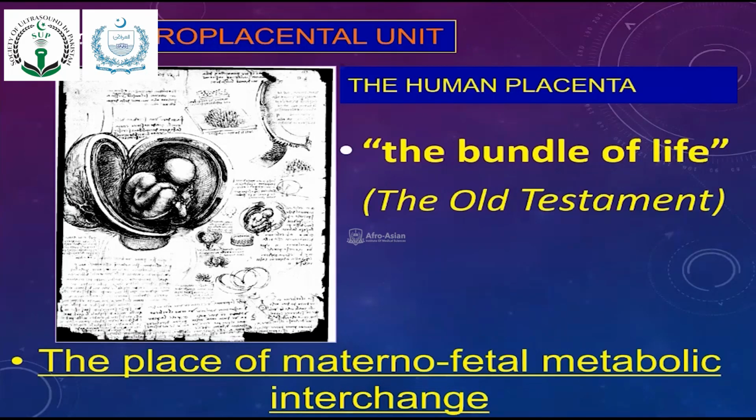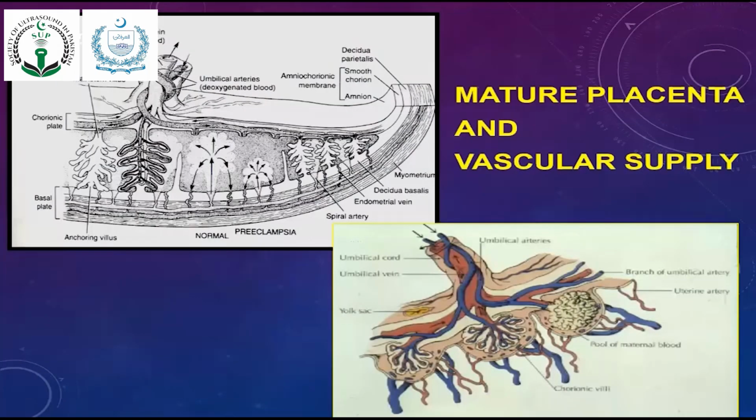The human placenta, the old statement says, is the bundle of life, the place of materno-fetal metabolic interchange. Here you can see the mature placenta and vascular supply. This is the pool of maternal blood, chorionic villi, the uterine cavity, and a branch of the umbilical artery.